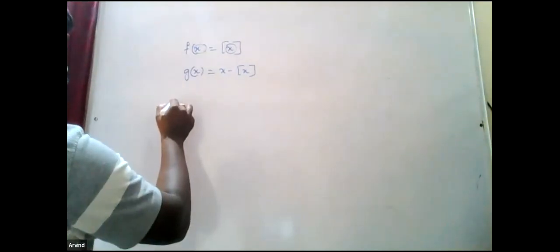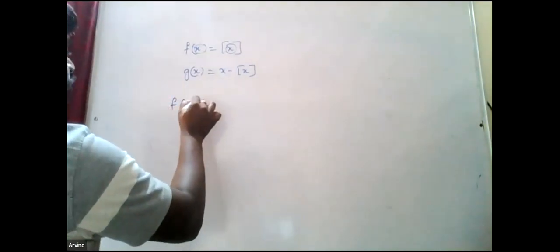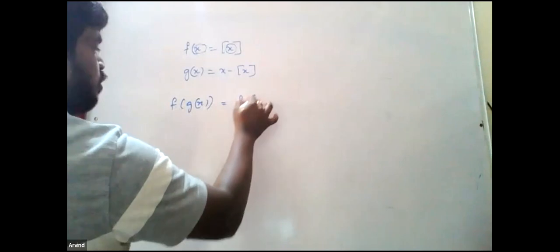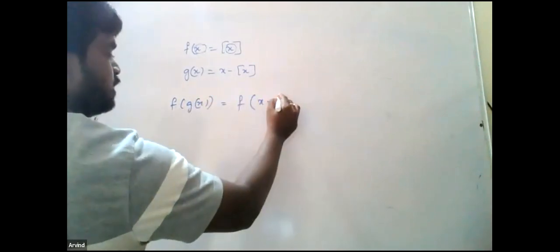F of g of x, which is x minus greatest integer function x.